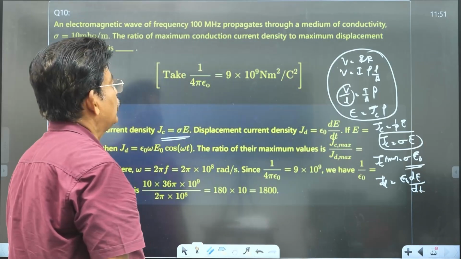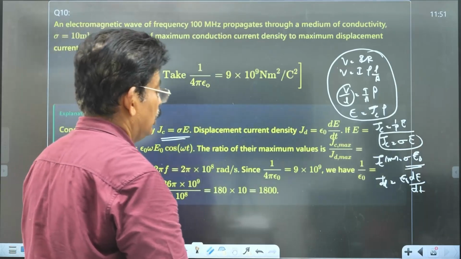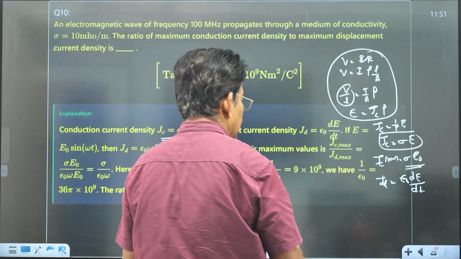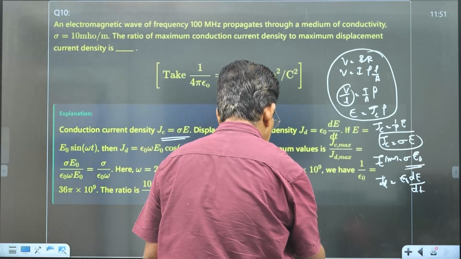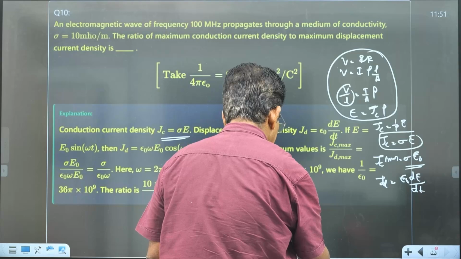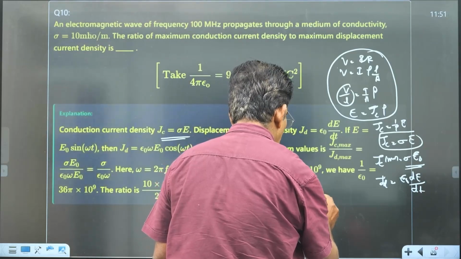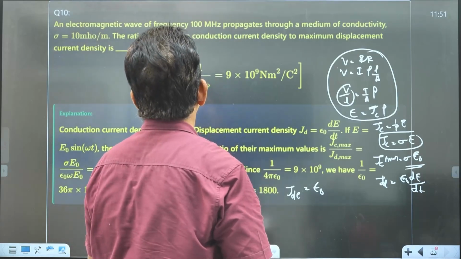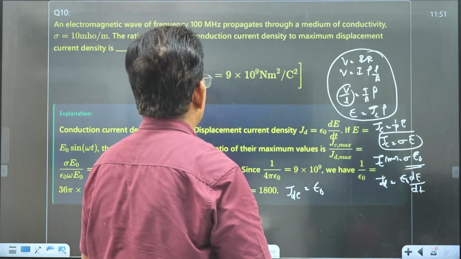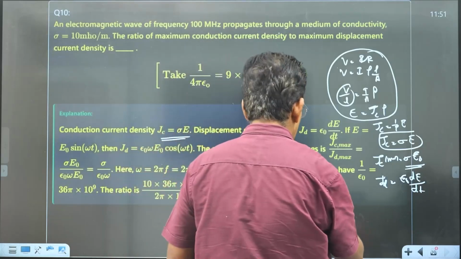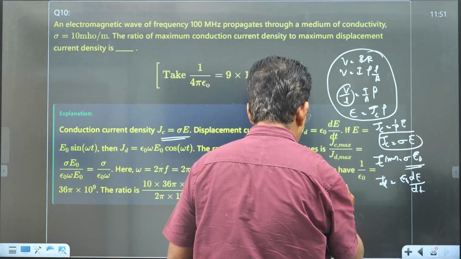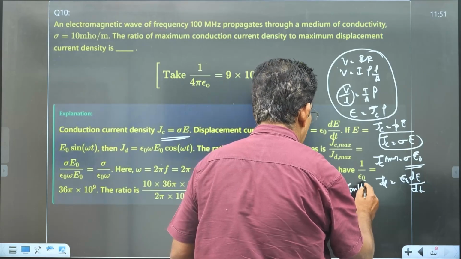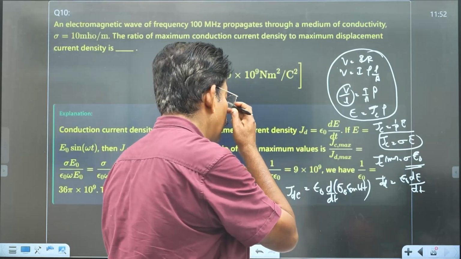Now we have to calculate the ratio between them. The displacement current is epsilon 0 into dE by dt. The electric field of the electromagnetic wave is sinusoidally varying, E0 into sine omega t.